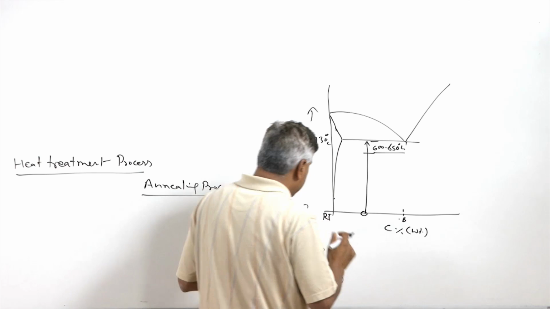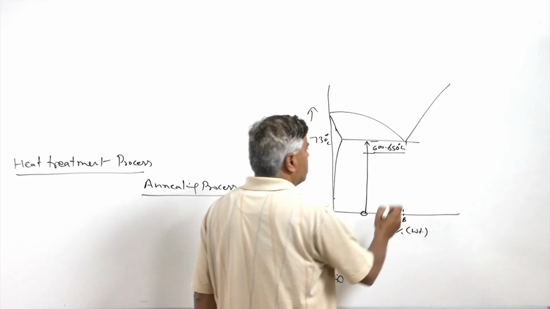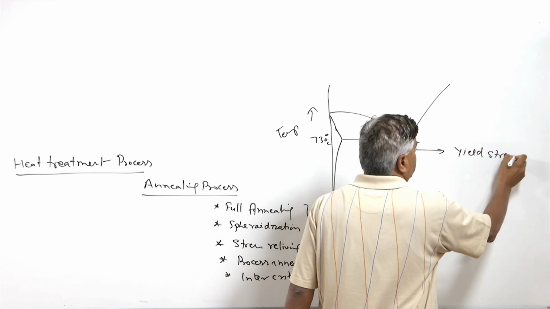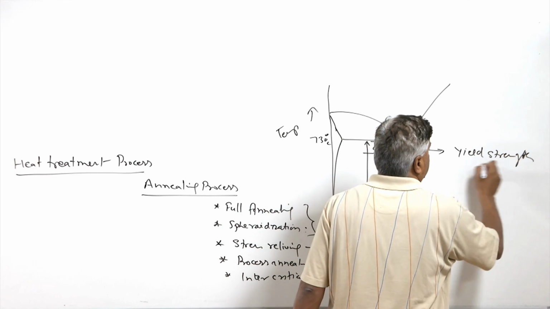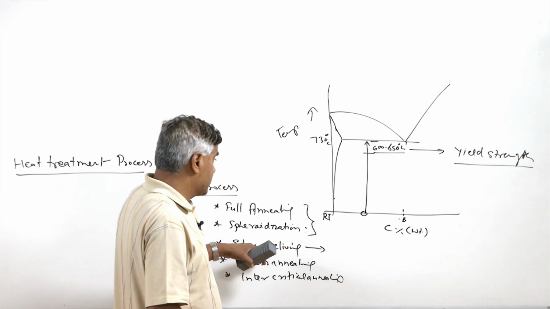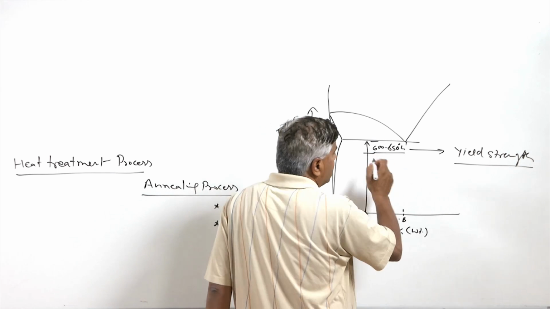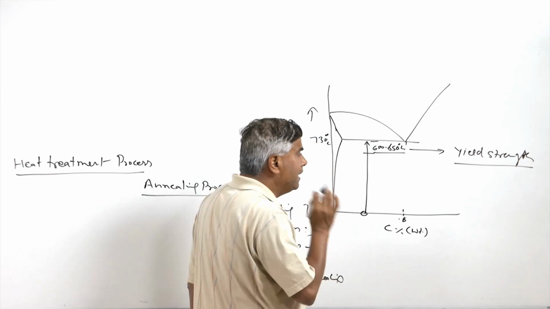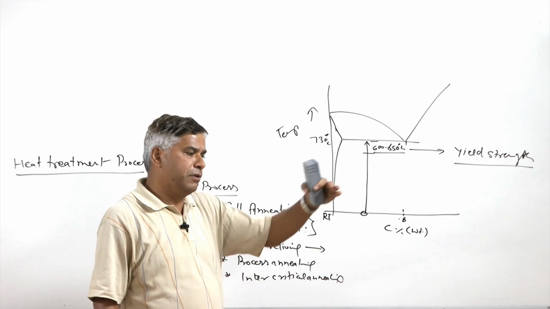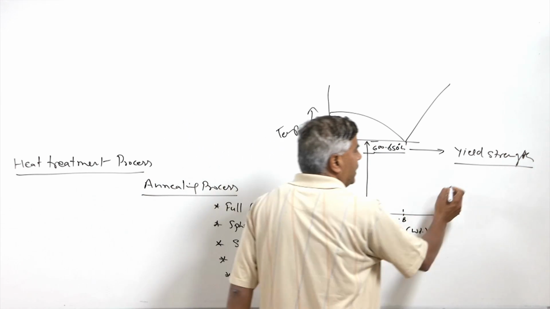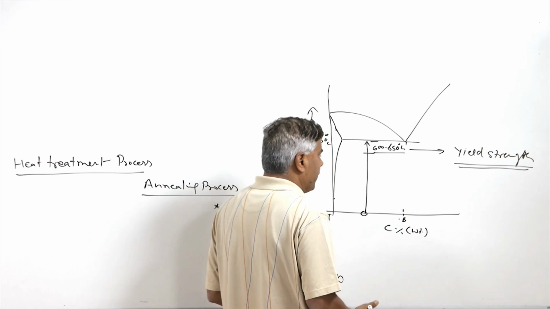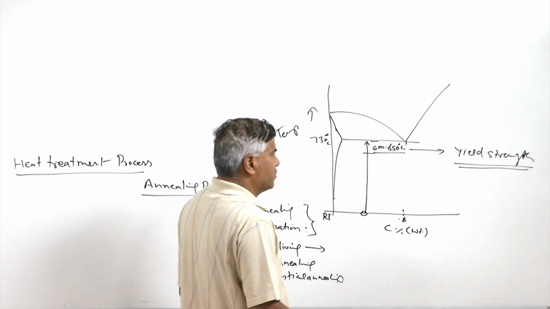Whenever the steel component is heated to a high temperature, its yield strength is reduced, and this reduction in yield strength eases the locked-in strain because of which residual stresses were induced. So the softening of the metal by heating at 600 to 650 degrees centigrade for half an hour to 1 hour lowers the yield strength of the steel, easing the locked-in strain, which in turn reduces the residual stresses.